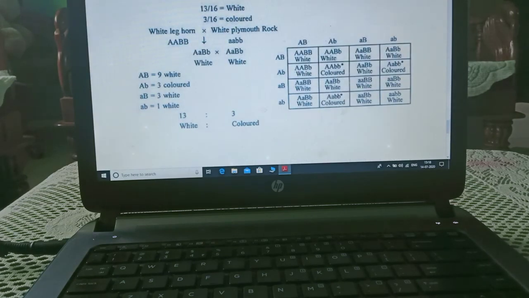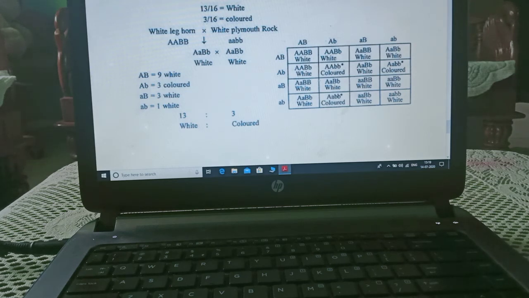Now a second example. You can see here white leghorn and white plymouth rock when they both were crossed. Here you see the gametes, this is the parent, capital A capital B and small a small b, and the resulting offspring was capital A, capital B, small b.